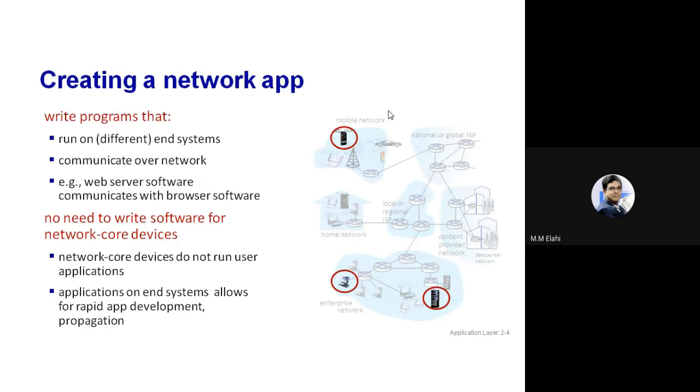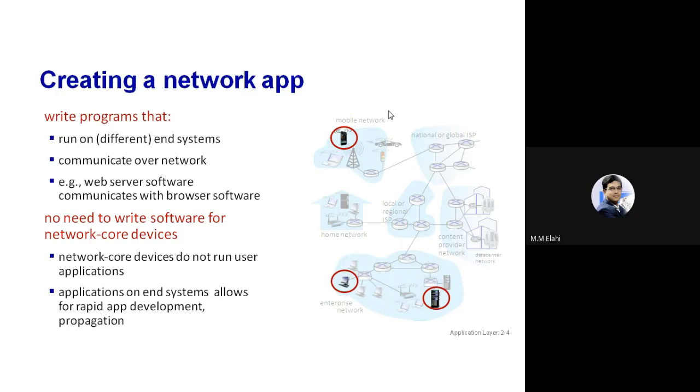So why is that important? Because as a user of the internet, we normally connect to the internet using end devices, and we use different network applications. There is no need for any application for network core devices or intermediate devices. Definitely there is some software also, because we know up to the network layer everything is implemented in software, and the upper half of data link is also implemented in software.